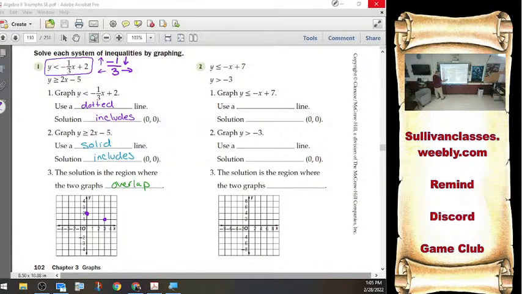So it's a dotted line through there. Not very straight, but it works. And if I plug a 0, 0 in here, that says 0 is less than 2. That's true. So I will shade towards the 0.